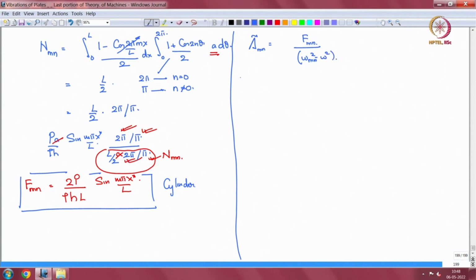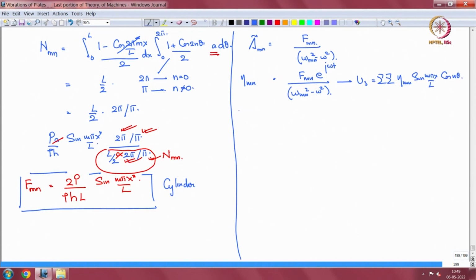From there we get to eta mn, which is Fmn e to the power of j omega t by omega mn square minus omega square, and then u3. From here you get u3 as a double sum of eta mn sine m pi x by L cos n theta.